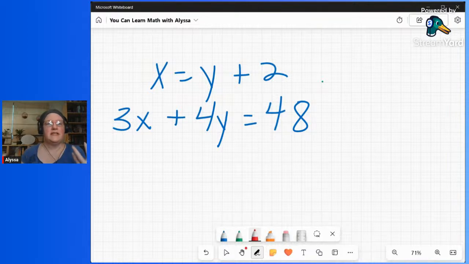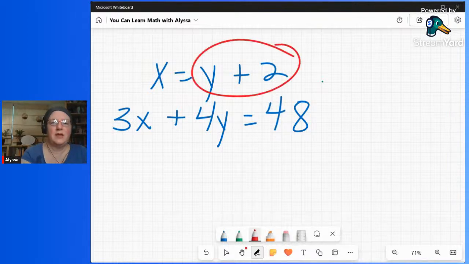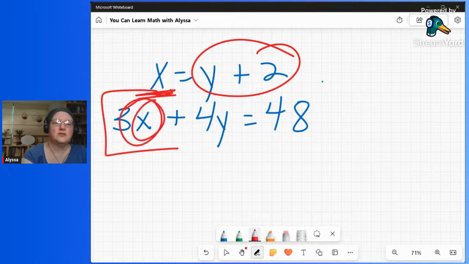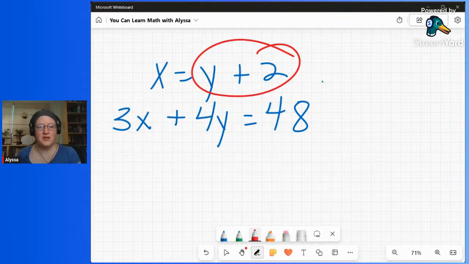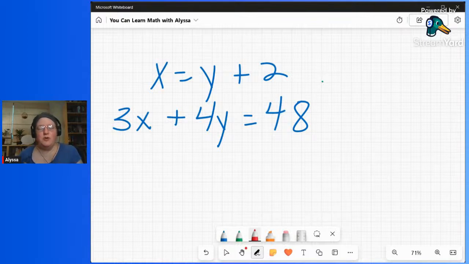So then you can very easily say, if x equals y plus 2, I go to my other equation, and everywhere there's an x, I insert a y plus 2. And that's how you would solve it. If you are presented with a system of equations and you are told you have to use substitution, and that happens, in math classes, we have to do what our teacher tells us to do.